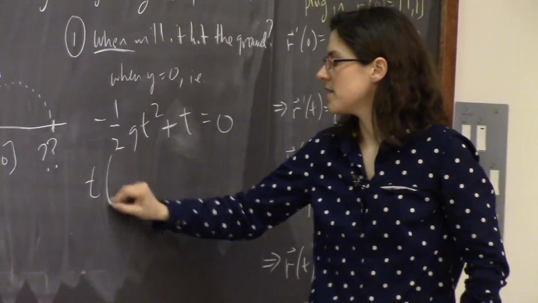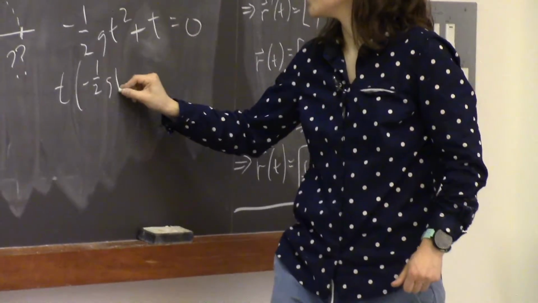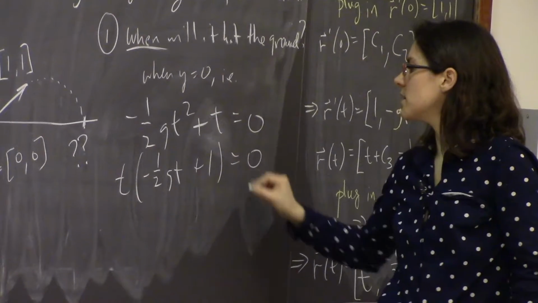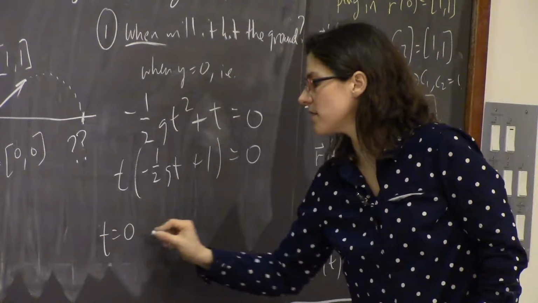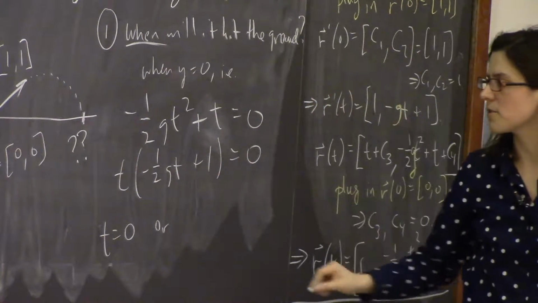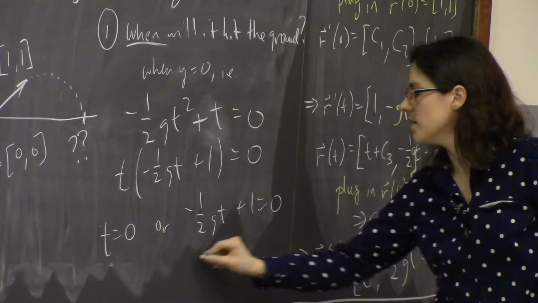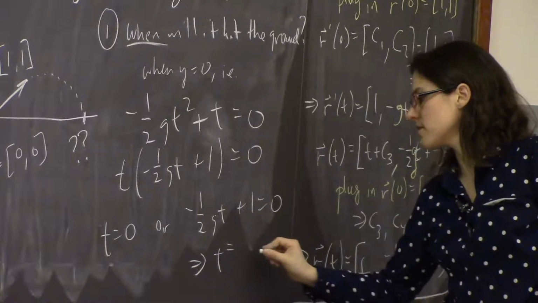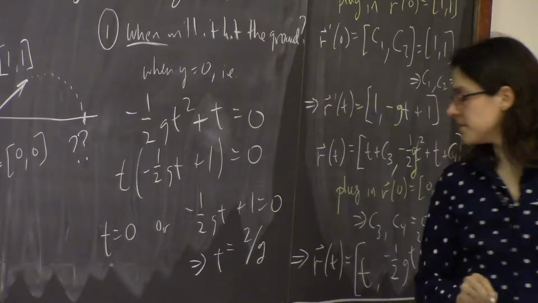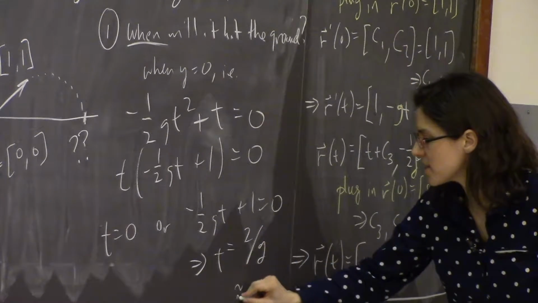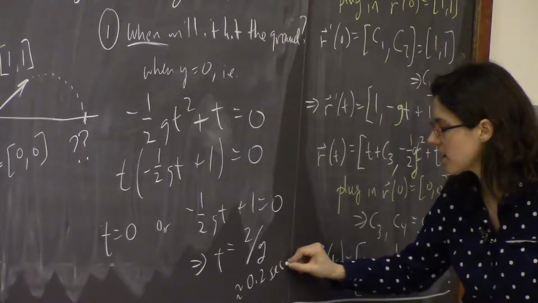I'll factor: t times (negative 1/2 g t plus 1) equals 0, which tells you that t equals 0, or negative 1/2 g t plus 1 equals 0. If you solve that, you'll get t equals 2 over g. Since g is about 10, this is about 0.2 seconds.